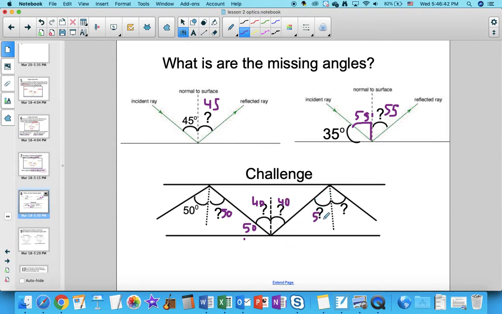Now, why is this 50? Because these opposite angles must be the same. So this is 50. Again, according to the law of reflection, this must also be 50. And so you can make challenging questions like this just by using the law of reflection and repeating this rule.